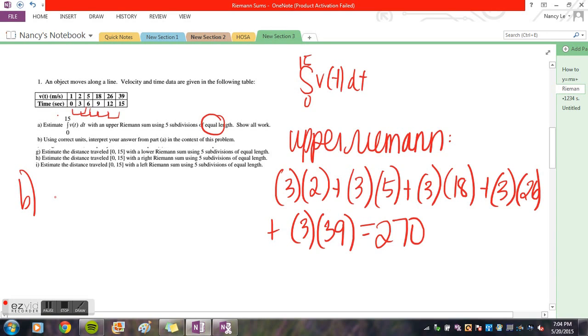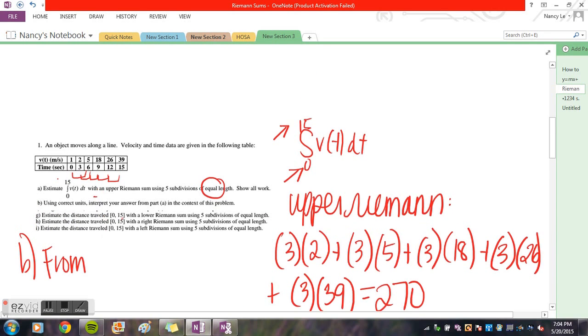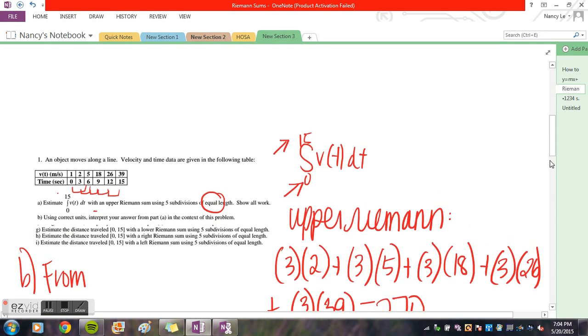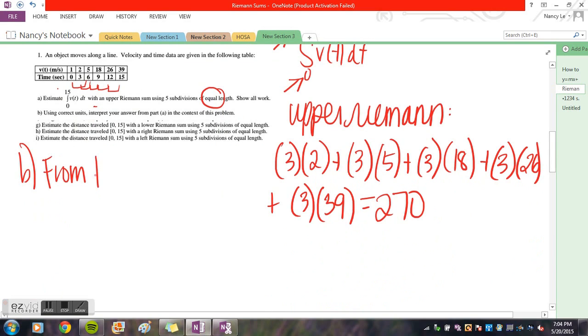So, using the correct units, interpret your answer from part A in the context of this problem. So, from time 0 to time 15. So, let's see.